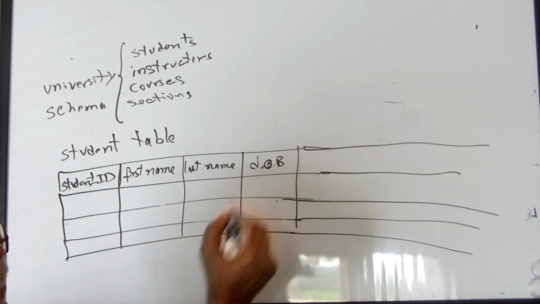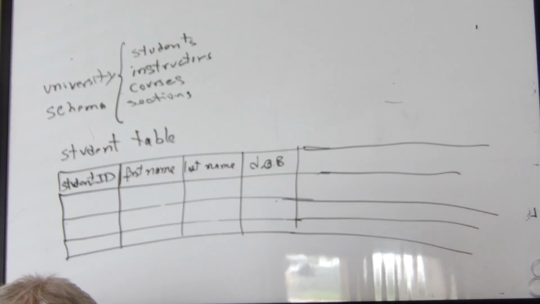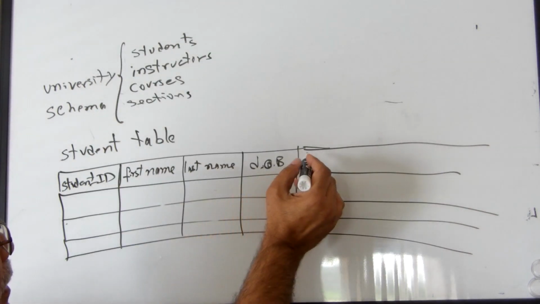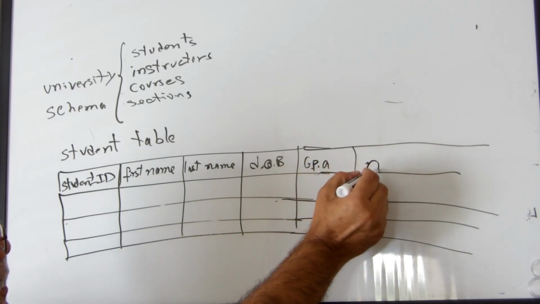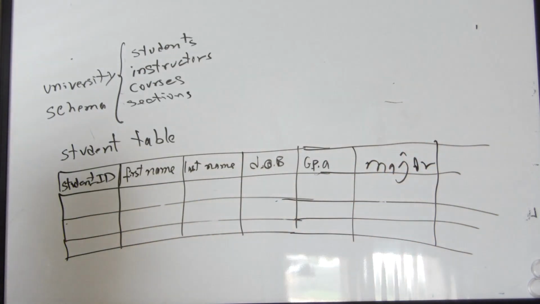A lot of other information too, like GPA, major, or many other things. So you want to have this information in the table.